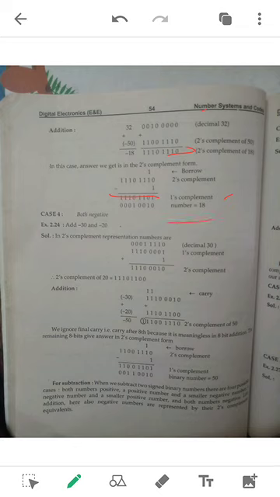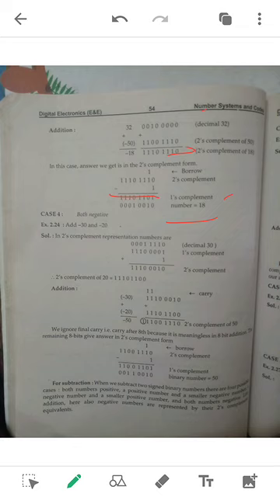We convert back from the ones complement into the original form.